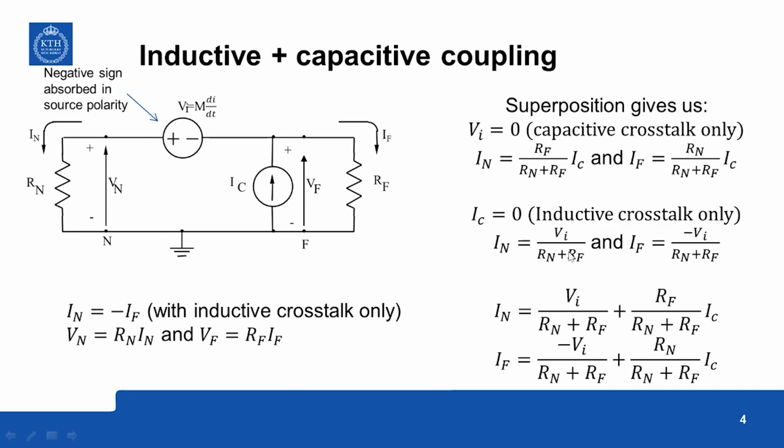So In with inductive crosstalk is Vi divided by Rn plus Rf, and If is minus that. So if you combine these two together, we get the near-end current, and this is the far-end current. So in general they are not equal. Now let us multiply by these terminal impedances to get voltages Vn and Vf.